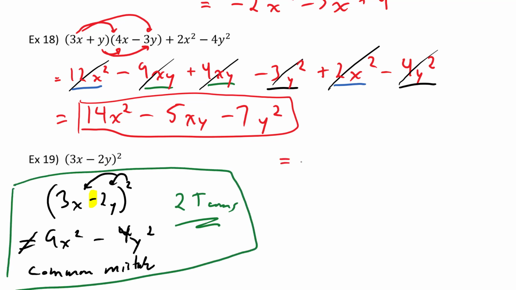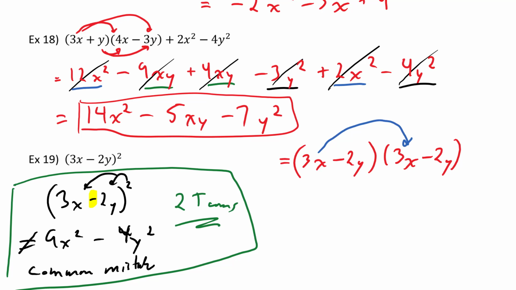Remember what this is equal to. This is 3x minus 2y times 3x minus 2y. The brackets are around the 3x and the minus 2y. Therefore, that whole thing is your base. So I take that and I multiply by itself. I'm now going to get rid of the brackets by applying FOIL. 3x times 3x is 9x squared.